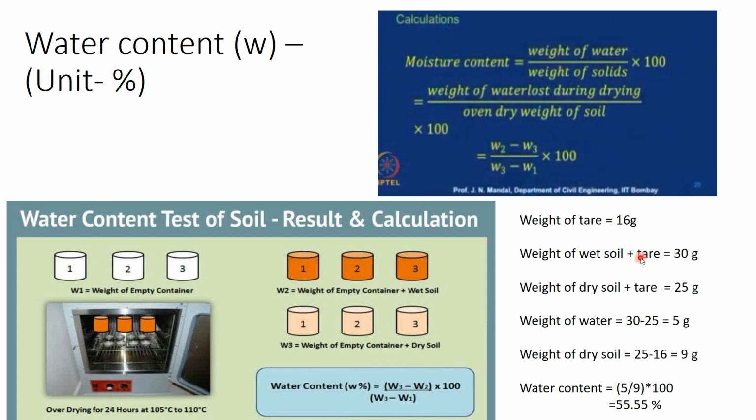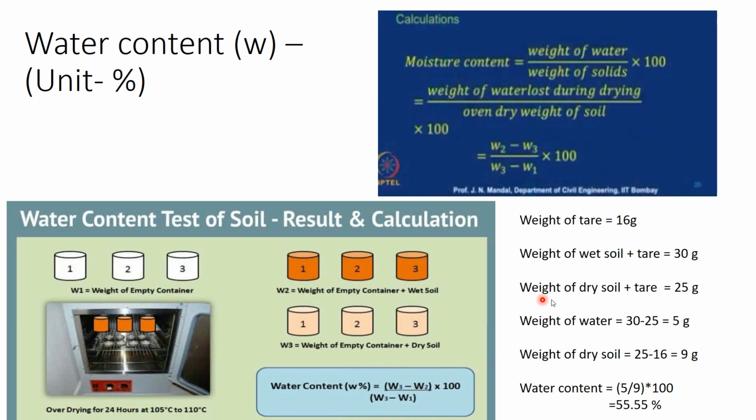So the soil, even if it is not mixed with water, or not exposed to rain or anything, even if it is underground, will have a tendency to absorb moisture from the atmosphere. So that natural moisture content we need to find out. So we'll add some soil to the container, and we'll measure the weight. The weight of the soil plus the container is going to give me some 30 grams.